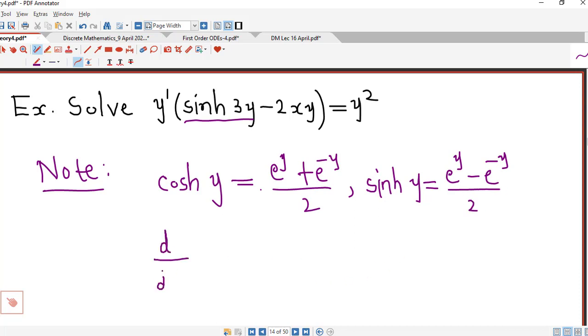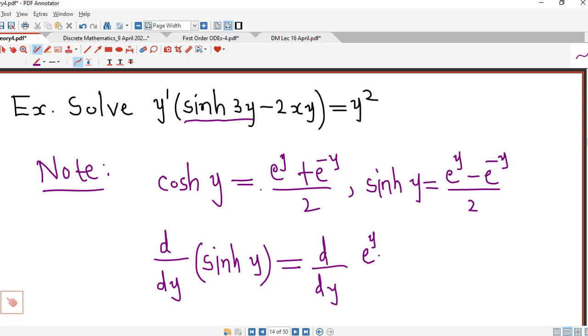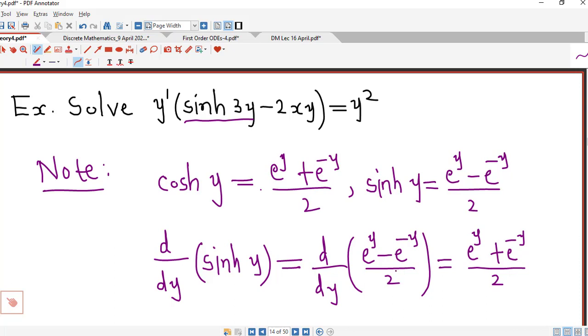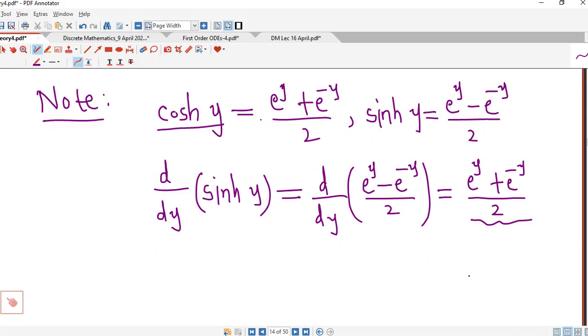And if we are interested in the derivative of a hyperbolic function, suppose I want to find the derivative of sine hyperbolic y, then I have to differentiate e raised to y minus e raised to minus y divided by 2. Derivative of e raised to y is e raised to y. Derivative of e raised to minus y is minus e raised to minus y, that is plus e raised to minus y, divided by 2, and this is nothing but cos hyperbolic y.